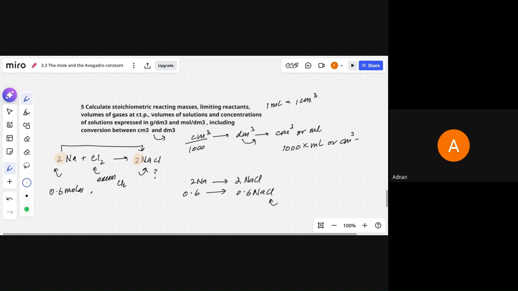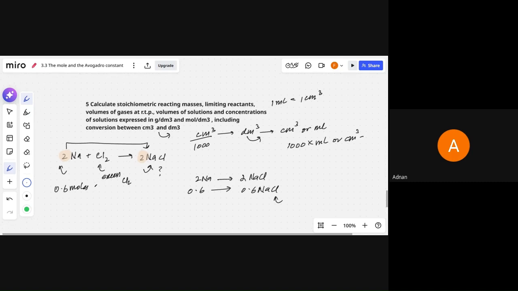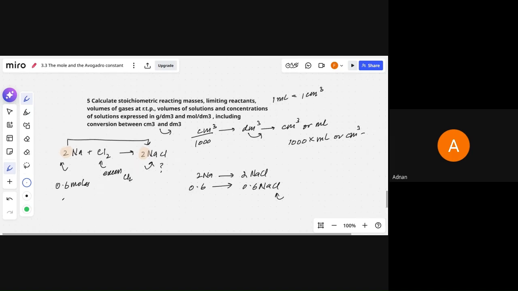Similarly, this question can be converted into grams as well. Let's say the question says that 11 grams of sodium is reacting. What will be the mass of NaCl produced?